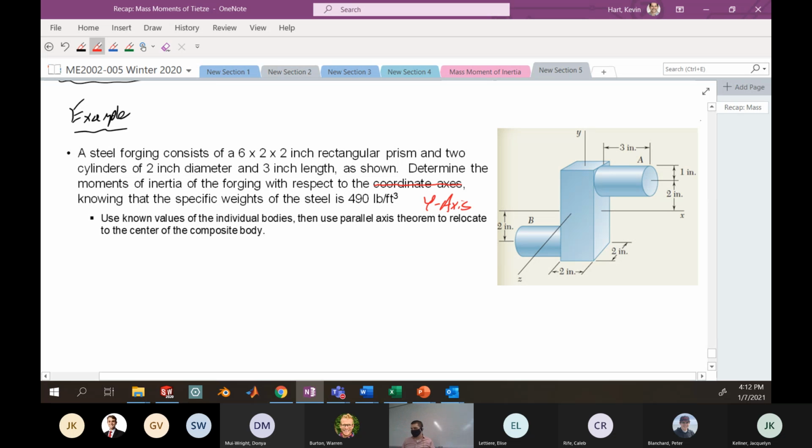It'll get the point across. Specific. The mass moment of inertia.